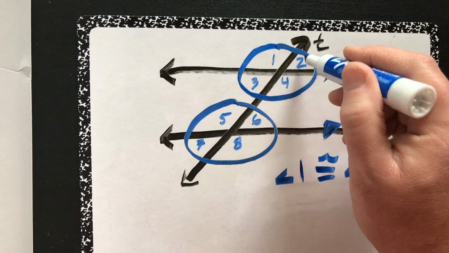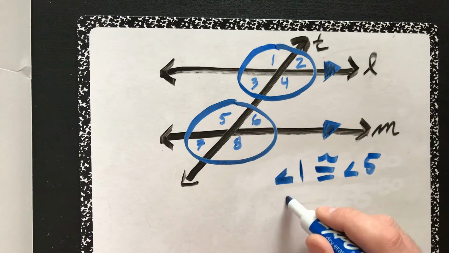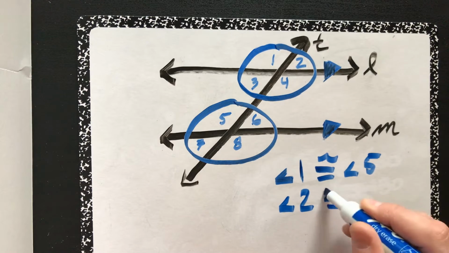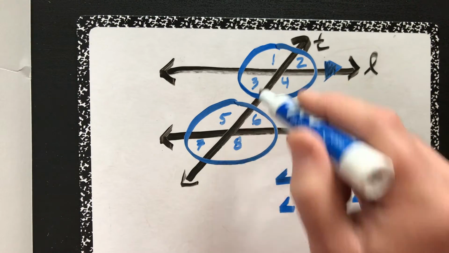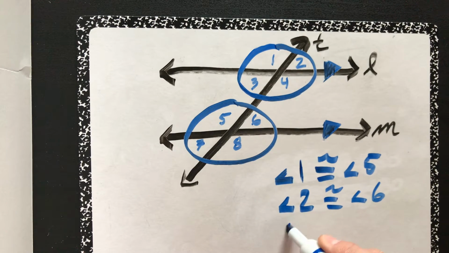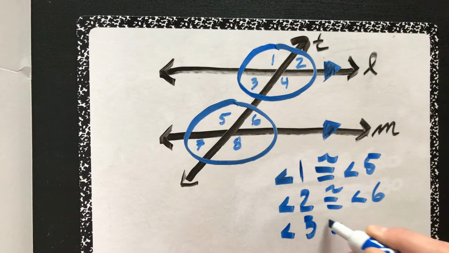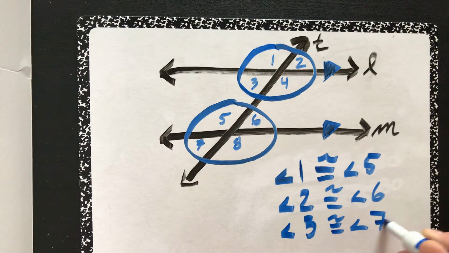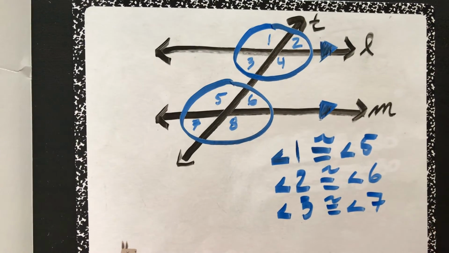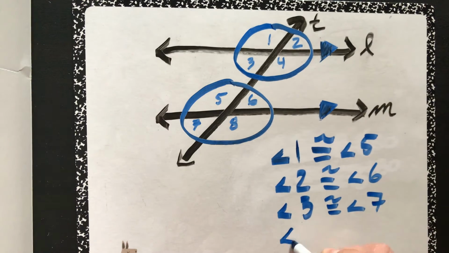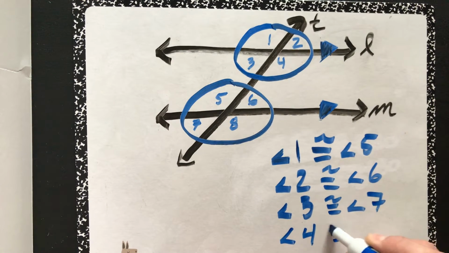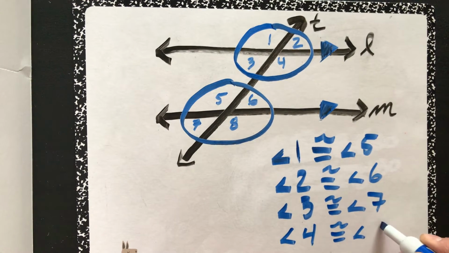Top right, angle 2, top right, angle 6. So angle 2 is congruent to angle 6. Bottom left, angle 3, bottom left, angle 7. So angle 3 is congruent to angle 7. And then bottom right is angle 4, bottom right is angle 8. So angle 4 would be congruent to angle 8.